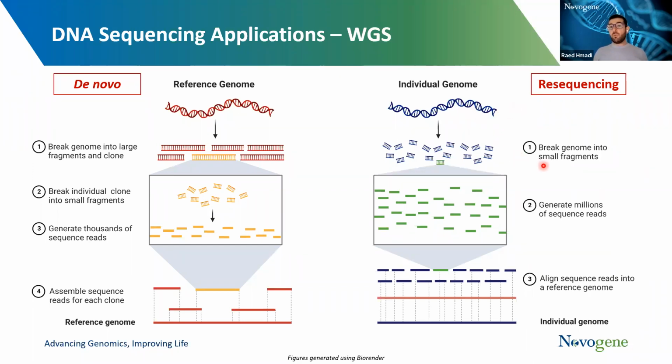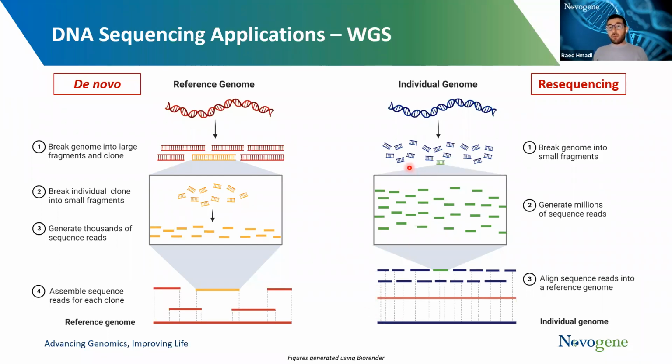With resequencing, we break the genome into small fragments and then later generate millions of sequencing reads. After that, using data analysis pipelines, we actually align the sequencing reads to the reference genome of the organism that already exists, in order to find variations or alterations that might have happened between the individual genome and the reference genome.